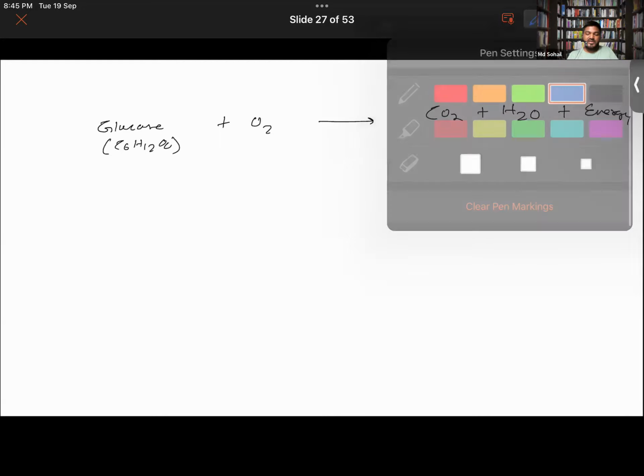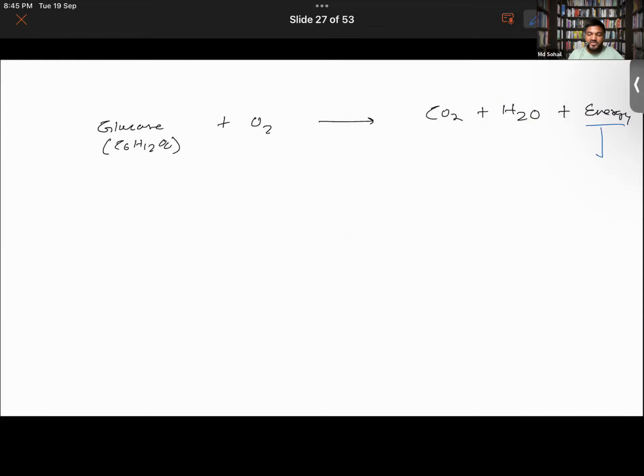Plants also have to perform several functions, right? So in respiration, we also release water. Yes, apart from carbon dioxide and energy, water is also released in the process of respiration. Remember that. Okay, sir.